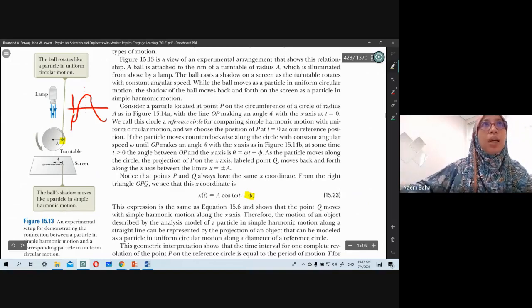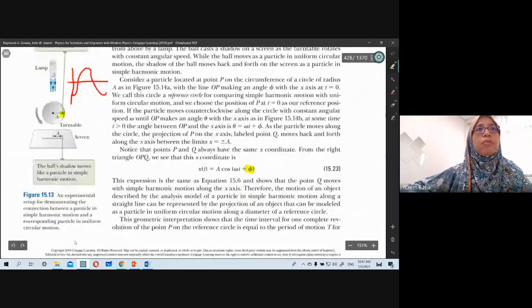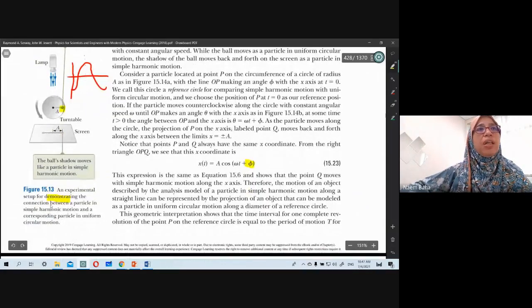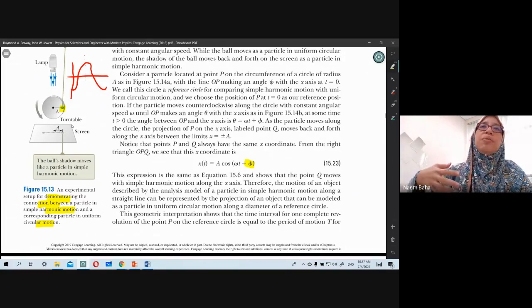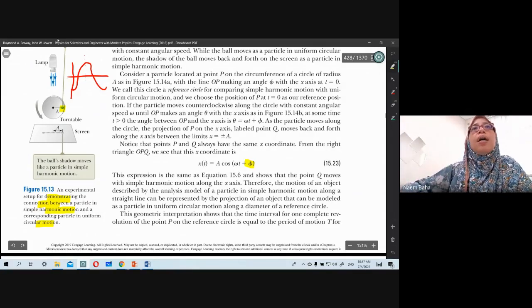So this is what the experiment is all about. It demonstrates the connection between simple harmonic motion and circular motion. I have actually discussed this a little bit from the very beginning using a different style.